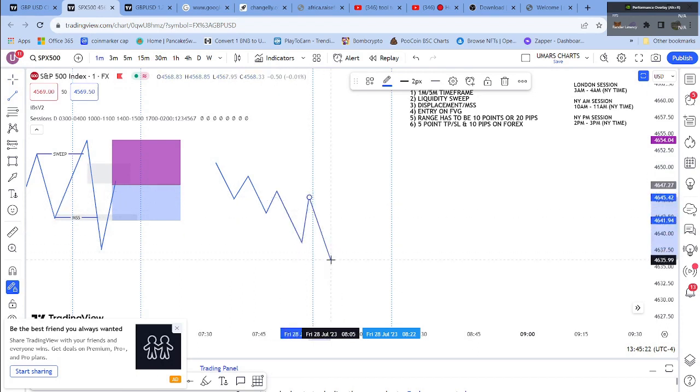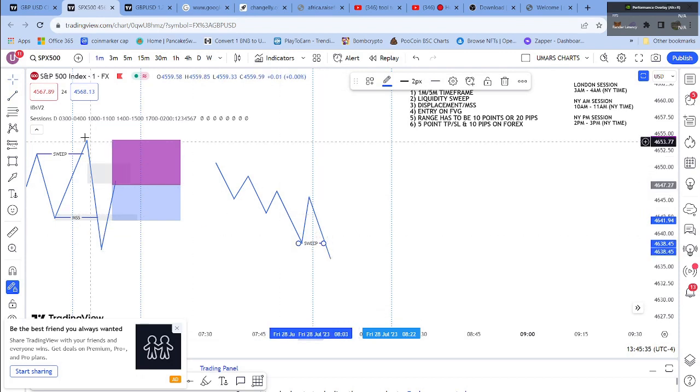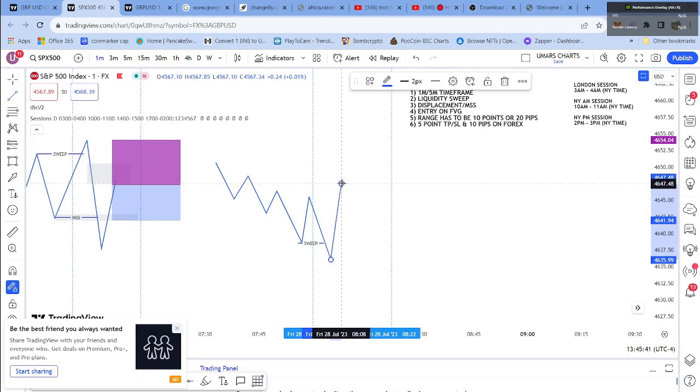You would then wait for liquidity sweep. After identifying your liquidity sweep, just drag this out, you would then wait for a market structure shift or displacement, whatever you'd call it.